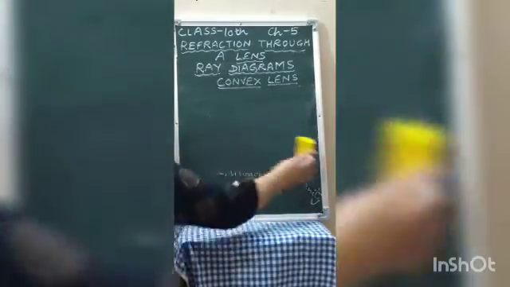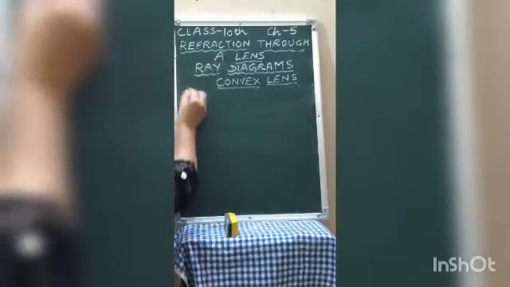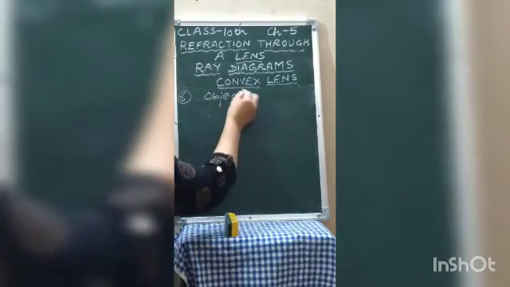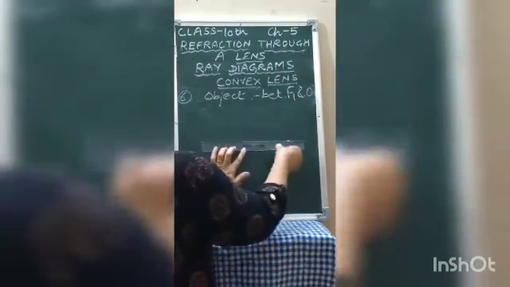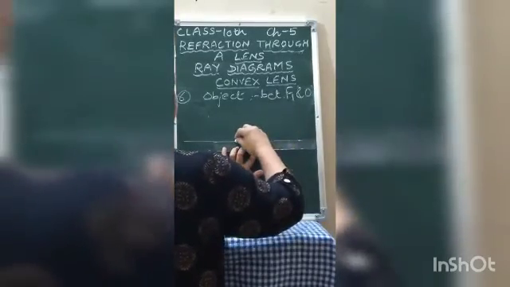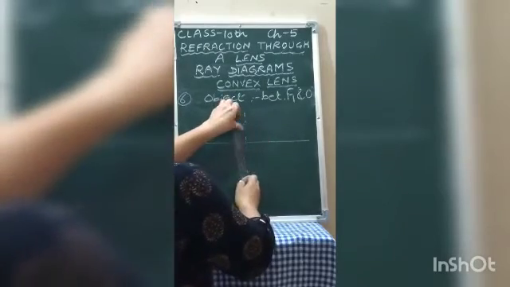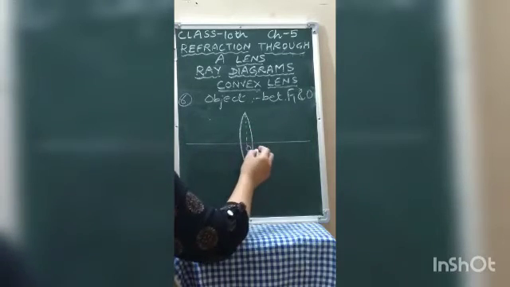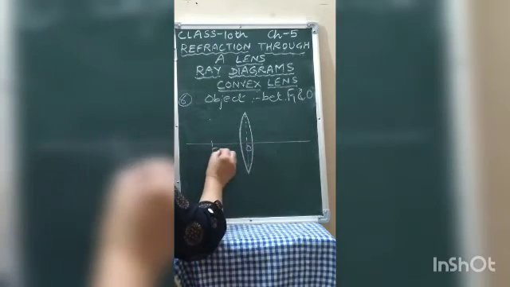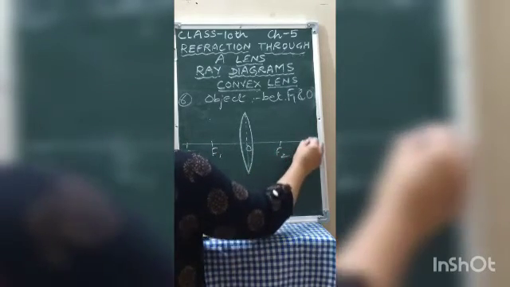Now children, the last case of convex lens, which is a real different. The object is between focus and the optical center. Same way you have to draw the principal axis, you have to draw the central line, optic center, F1 to F1, F2 to F2.